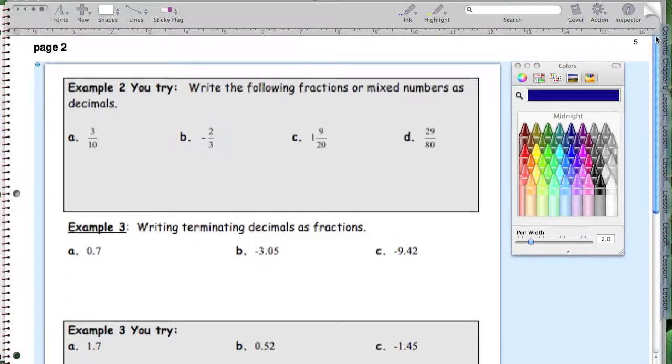I'm going to skim through these. I'm not going to solve all of them because you would do the same thing, dividing. But I want to look here at letter C real fast. You have two options. You could either turn this into an improper fraction, so you'd get 29 over 20, and then divide that with the 29 on the inside, 20 out here, and go ahead. Or you can recognize that this whole number is really going to be what goes in front of the decimal point.